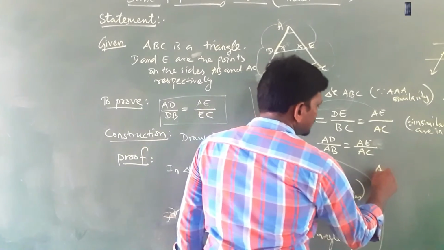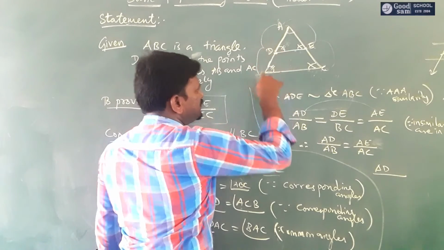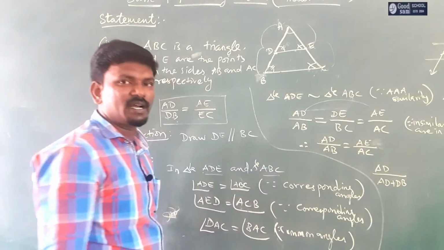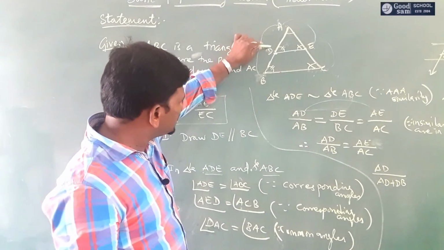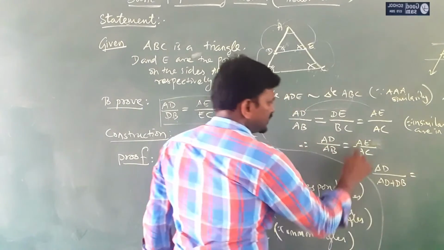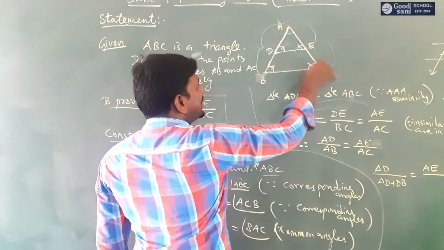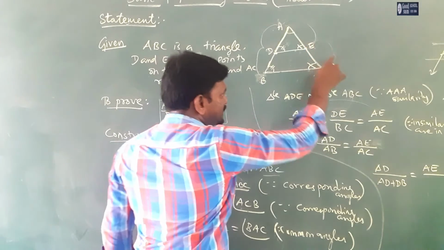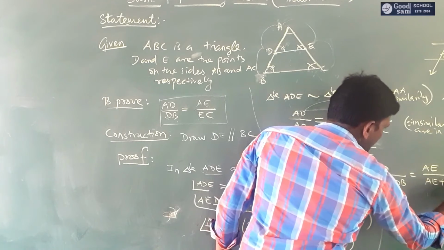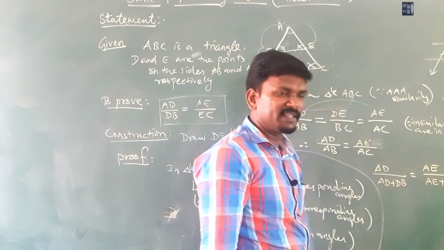AB is AD plus DB. AD plus DB is equal to AB. Am I right? Clear? Similarly AE by AC can be split into AE plus EC, that is AC.